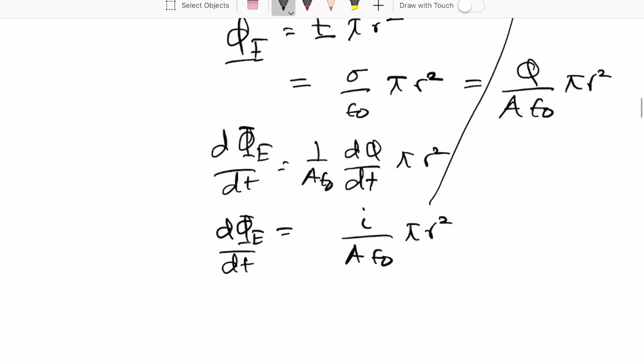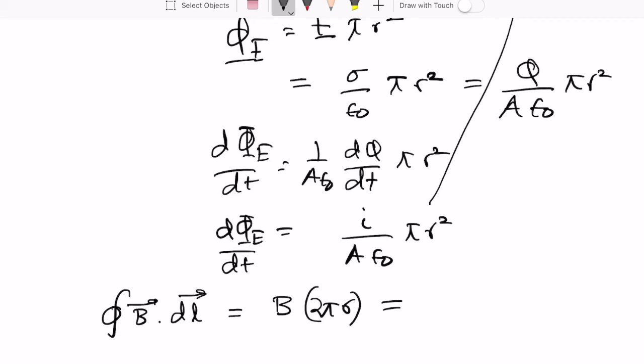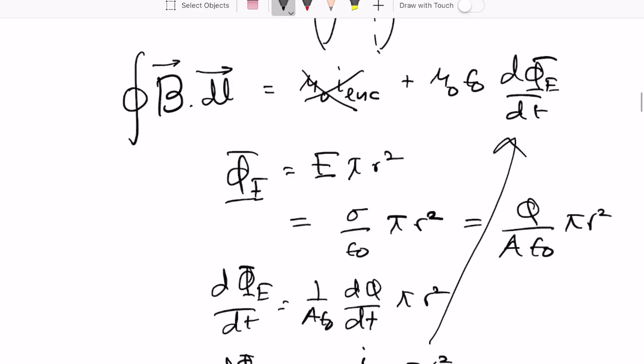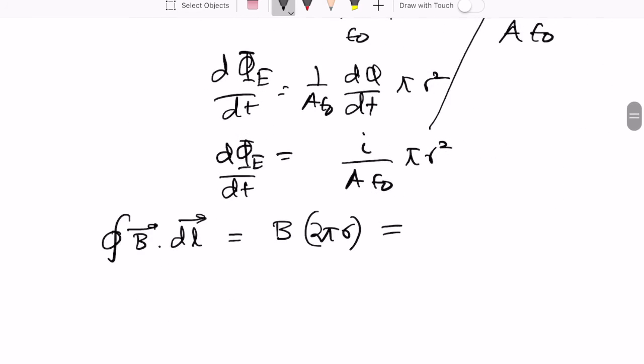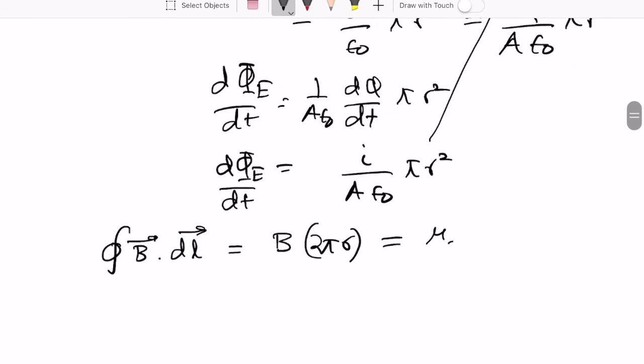All right, we can now plug this back in to the Ampere-Maxwell equation. So line integral B dot dl, which is just going to be B times 2 pi r, we might as well just write that down, is equal to mu 0 times epsilon 0 times d phi E dt. So mu 0 times epsilon 0 times the d phi E dt that we just found.